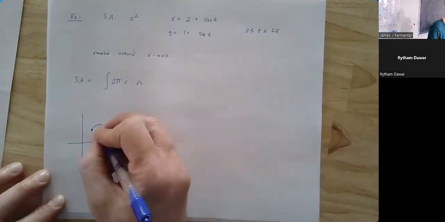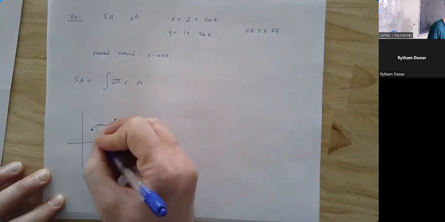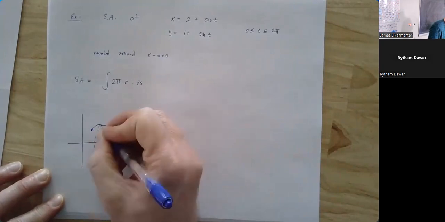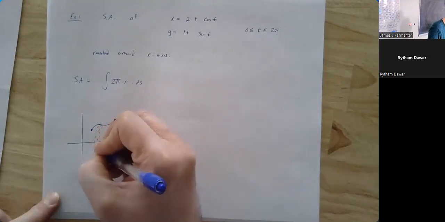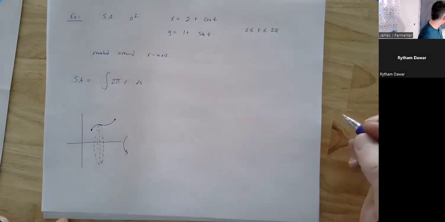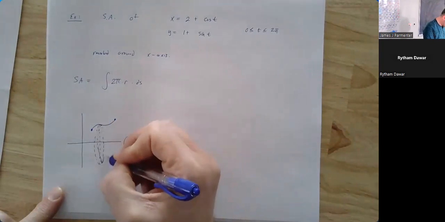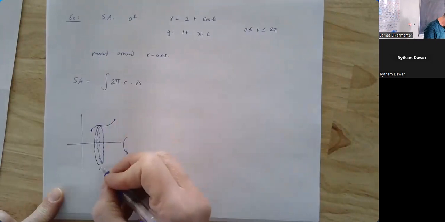I'm taking some little sliver of it and going around the x-axis, and there's my little band. The surface area of that rubber band is 2 pi r, the circumference of that circle, multiplied by the width of this strip, which is ds.